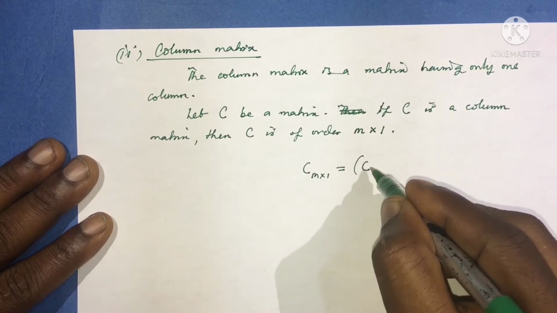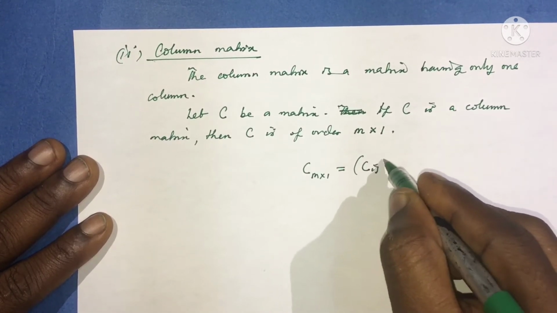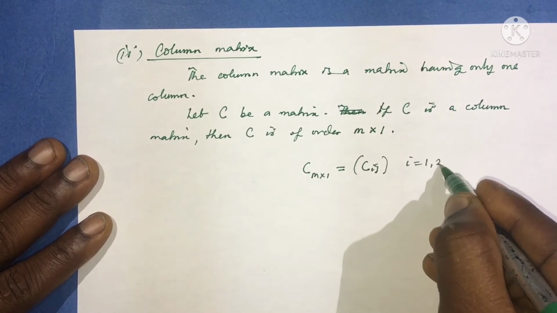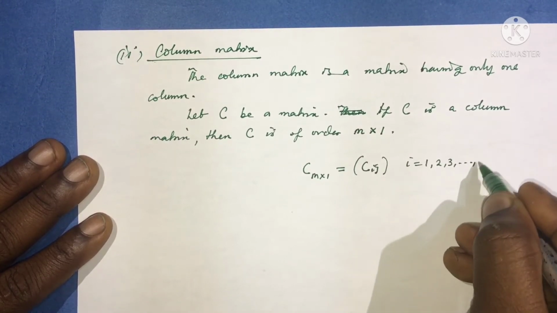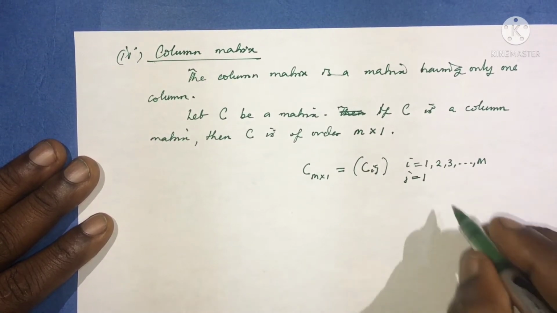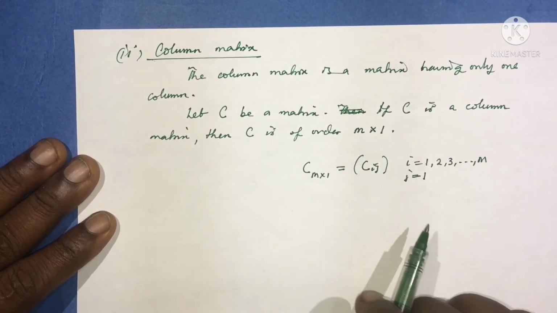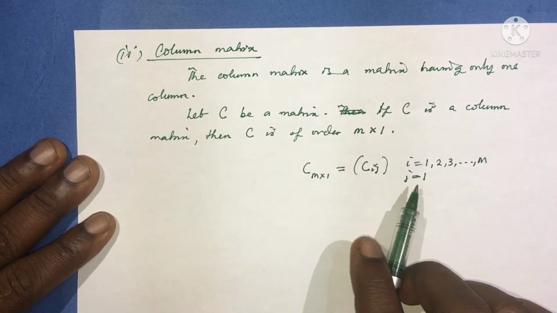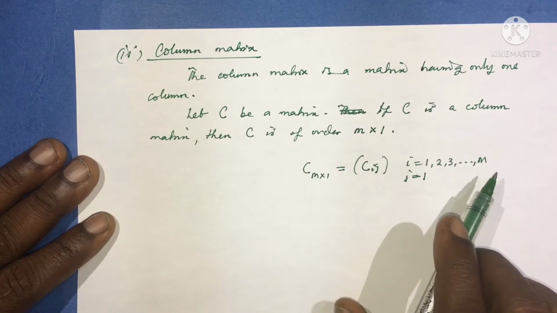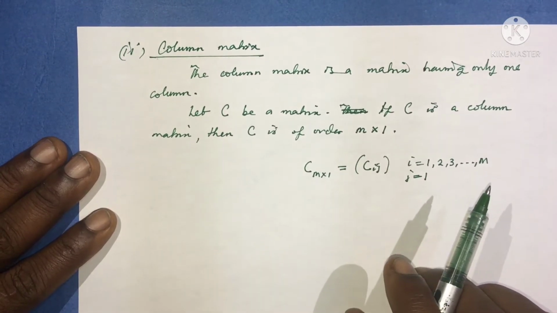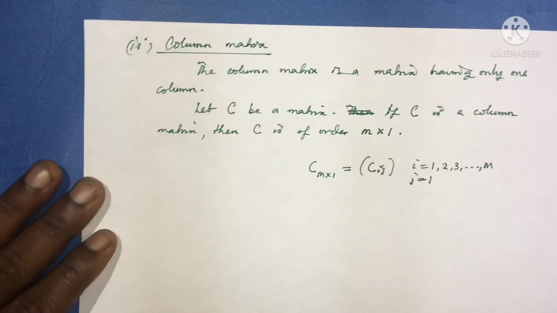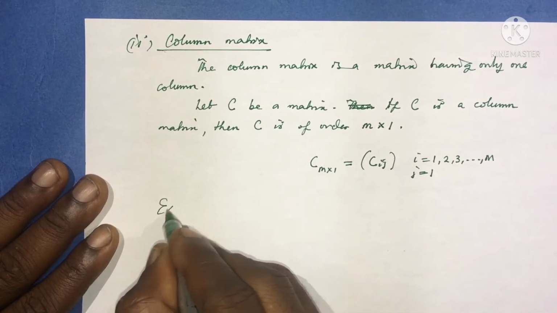Remember our abbreviated notation? Cij, i equals 1, 2, 3 to m, and j equals 1. Notice that in this matrix, there is just one column, but a number of rows, more than one, okay? So what we mean is that a matrix is a column matrix if it has only one column. So that is not difficult.